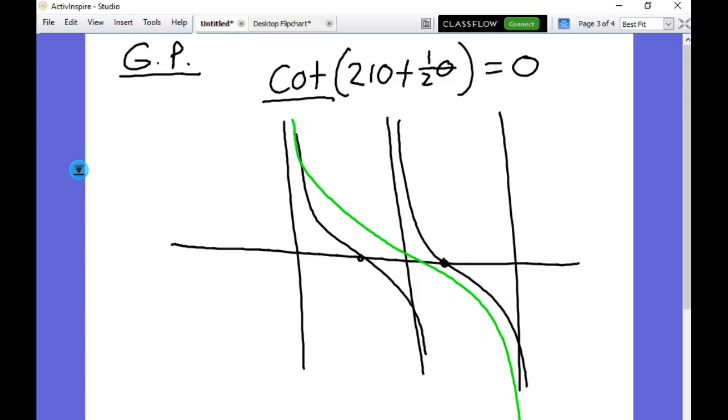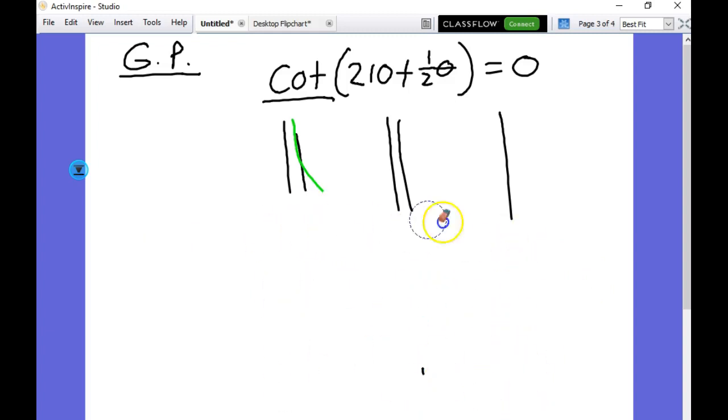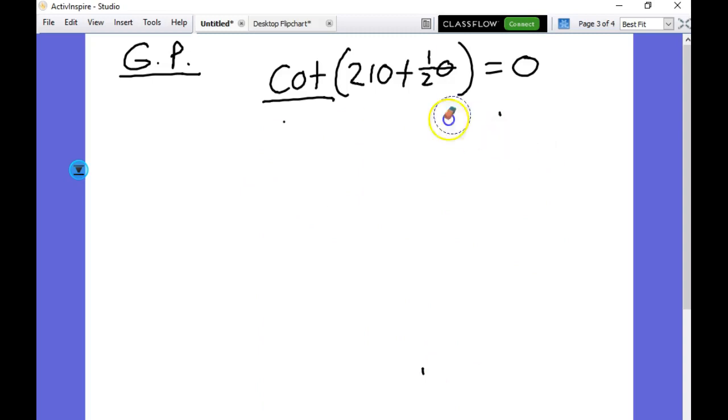How many times does it cross that axis? Only once. So when you multiply your theta by a number that's less than 1, it stretches it and you lose solutions. When you multiply by a number that's greater than 1, it compresses it and you gain solutions. I'm just drilling you with the concept, but make a little note about it if you like.